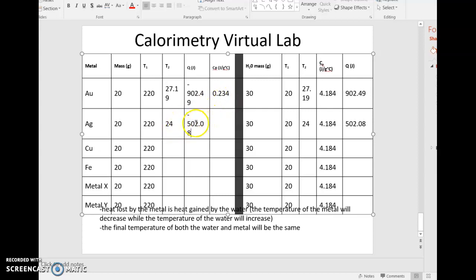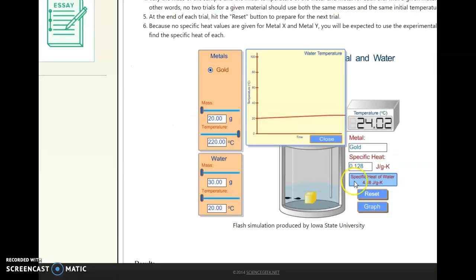So it would be 502 divided by 20 times the change in temperature of 196, and you get a value of 0.128. That's the specific heat of gold according to your calculations. If you were to check that, you get that same number. They're telling you the specific heat of gold is 0.128 joules per gram degree Celsius. That's a known value, always going to be the specific heat of gold.